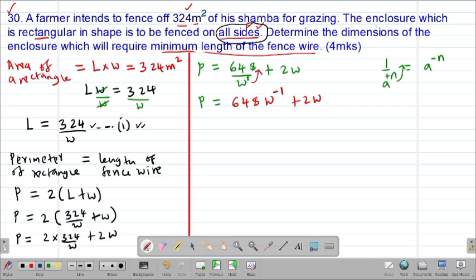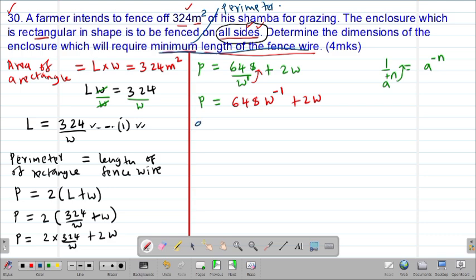Now we are told to determine the dimensions of the enclosure which would require minimum length of the fence wire. This is another way of saying that which would require minimum perimeter of the wire. Now we know that at any given minimum point or maximum point, the gradient function must always be equal to 0.